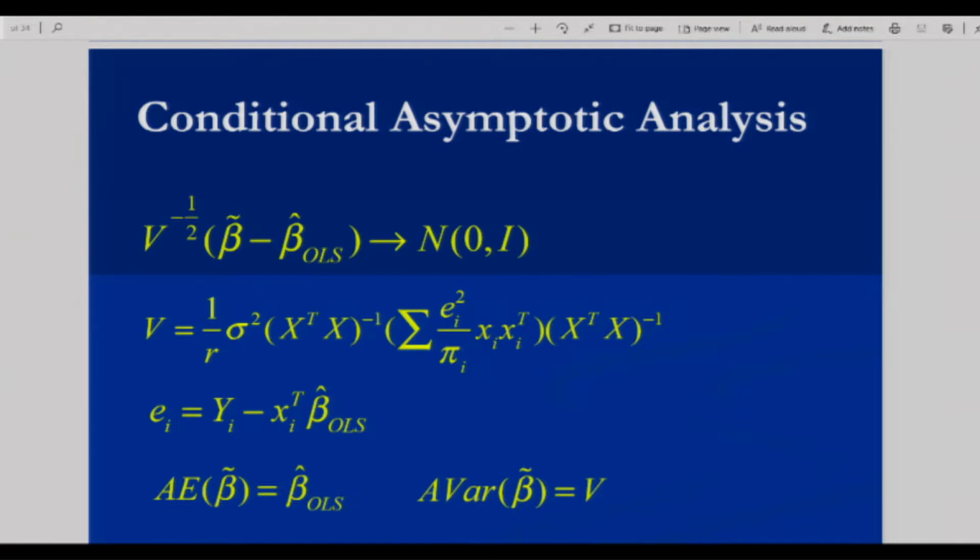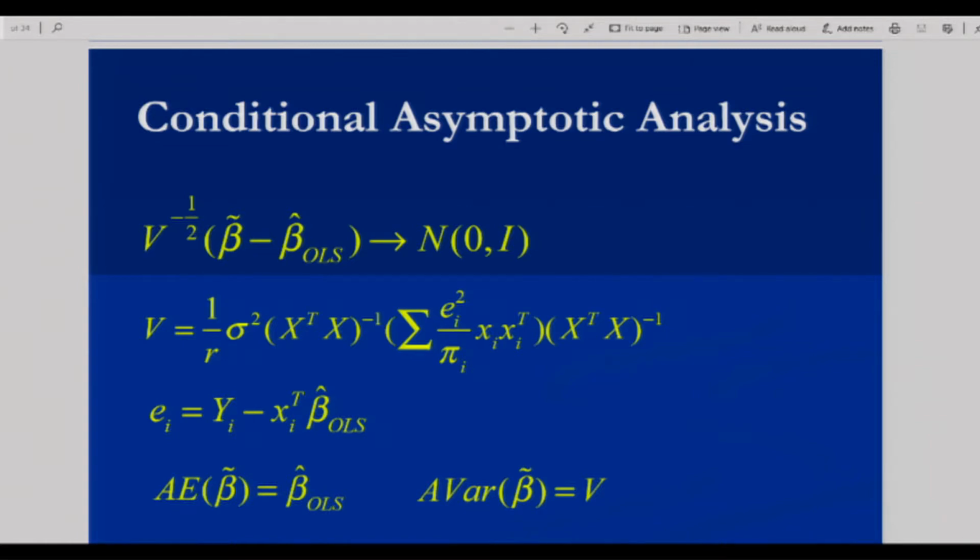Here the only tricky part is that this variance is a sandwich type of formula, and the middle part of this expression involves EI, which is a residual of the full sample least squares. So essentially, this is YI minus the fit, and you need to have the full sample OLS first.